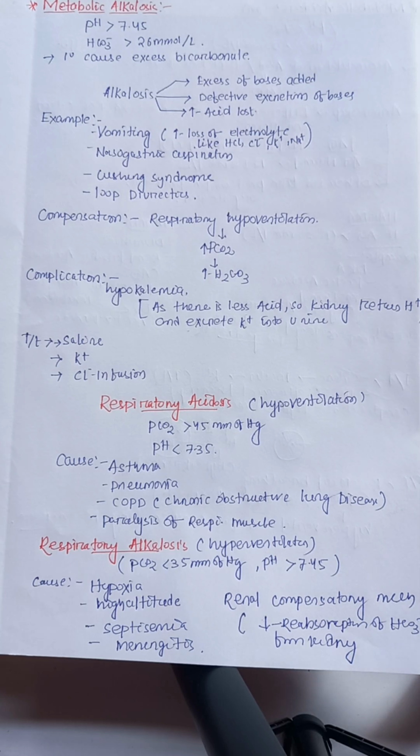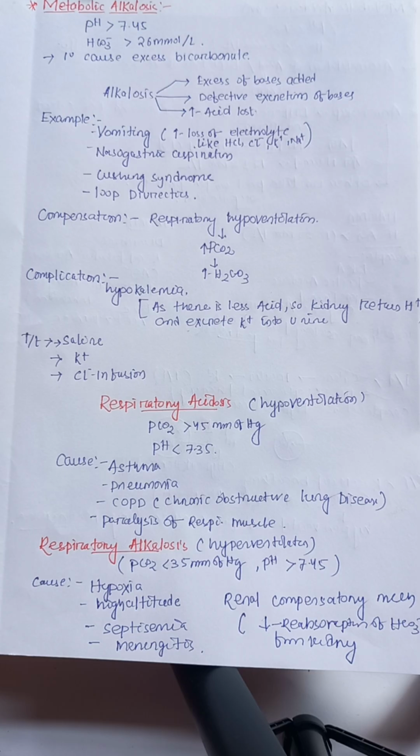Then next is respiratory acidosis. Here there is an increase in the partial pressure of CO2 that causes increased H2CO3 levels. There is a problem of respiration. The primary defect is in the partial pressure of CO2.